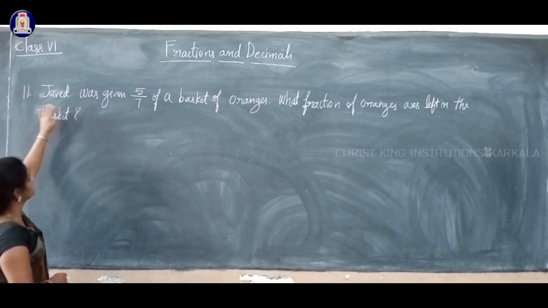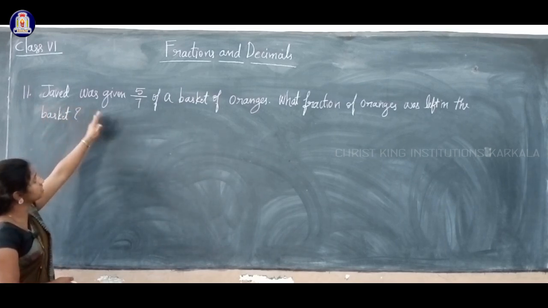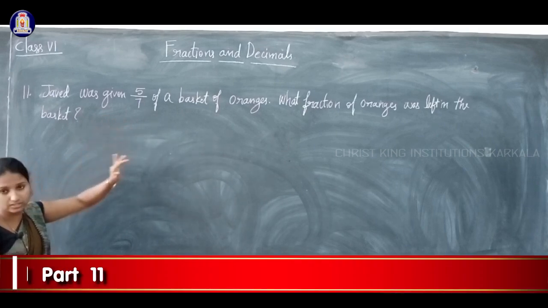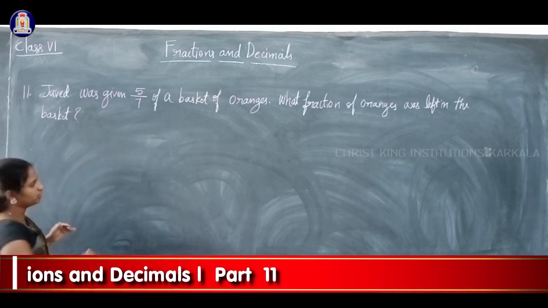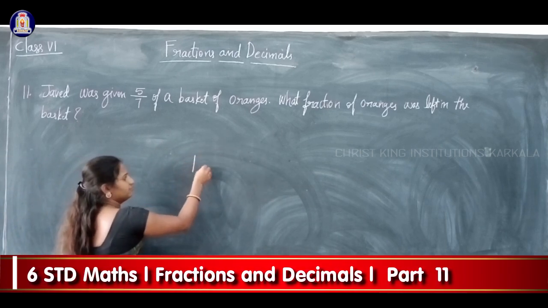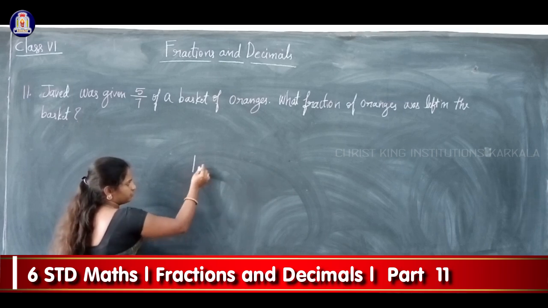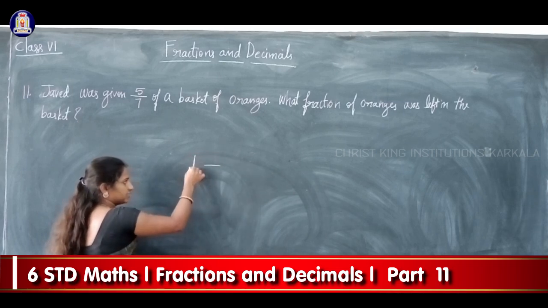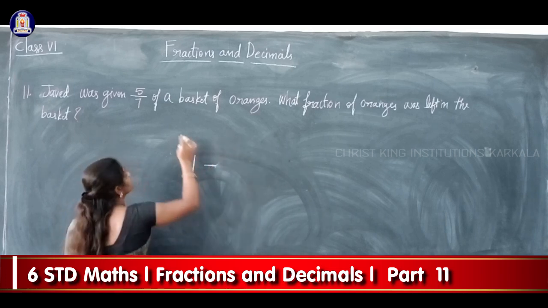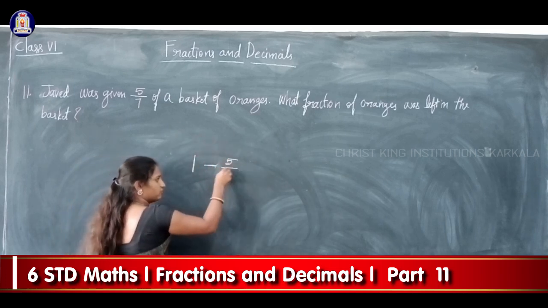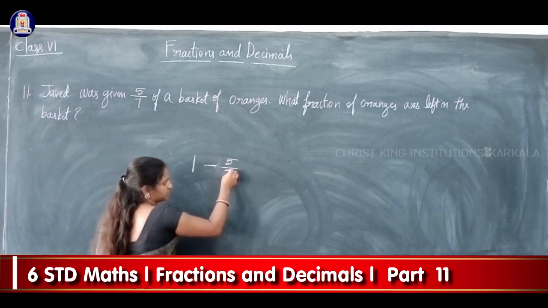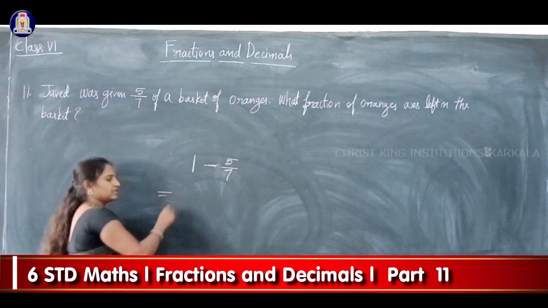Javed took 5 by 7 of the oranges. 5 by 7 he removed from the basket. Now how much orange is left in the basket?